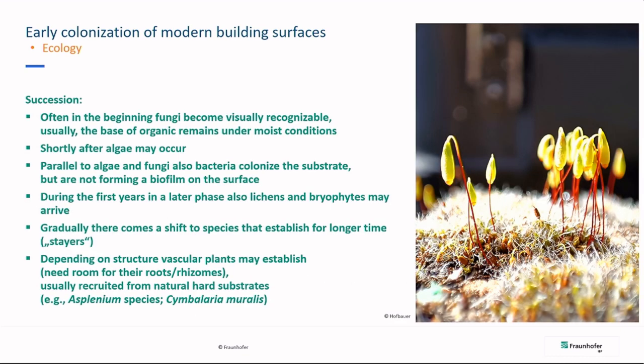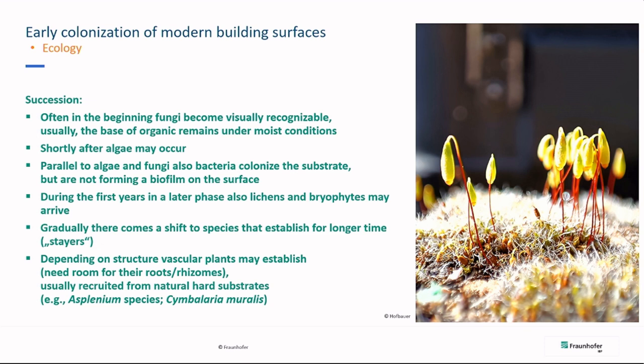But the bacteria we haven't seen as prominent. And I must admit, we have looked only at the aerobic bacteria and counted them as a whole and not further differentiated. But we did not see, as I said, a real biofilm on the surface.